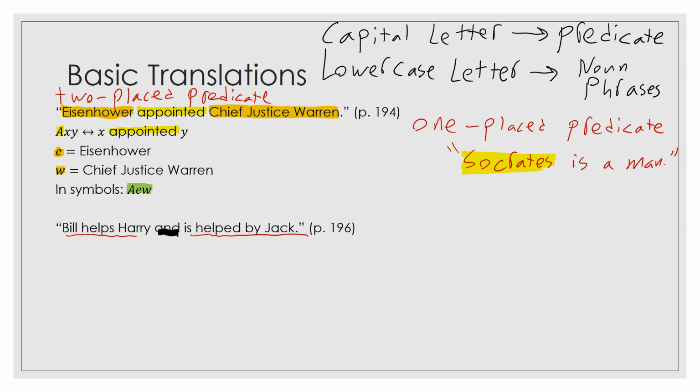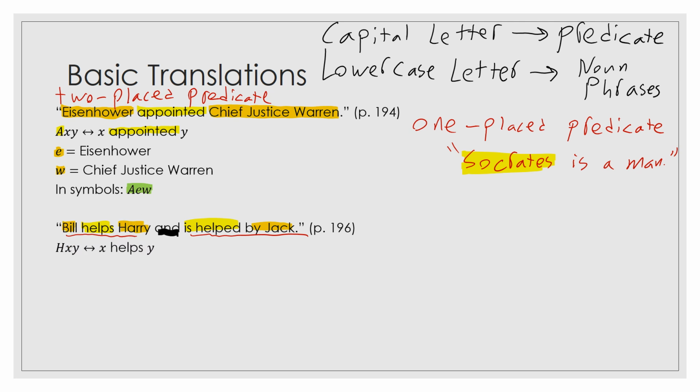Our first atomic sentence, Bill helps Harry. Helps is the predicate. And we have two terms here. We have Bill, we have Harry. Moreover, our second atomic sentence is helped by Jack. We have helped as our predicate, and Jack as our term.